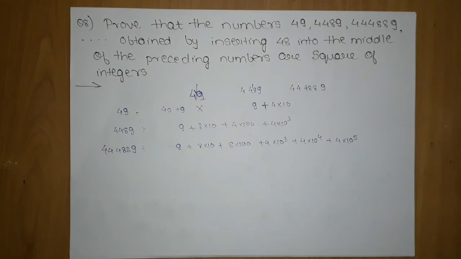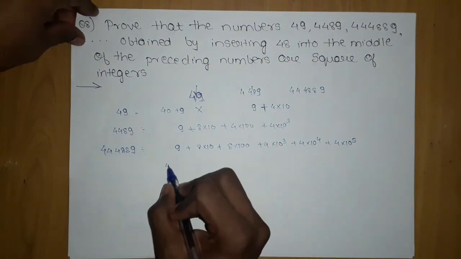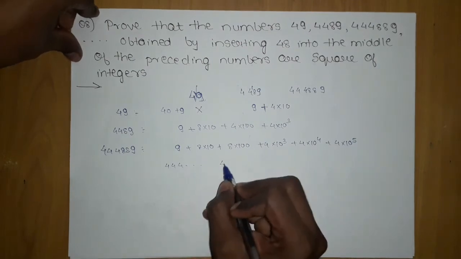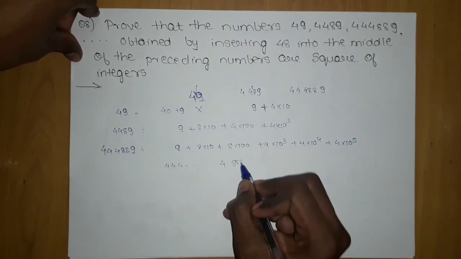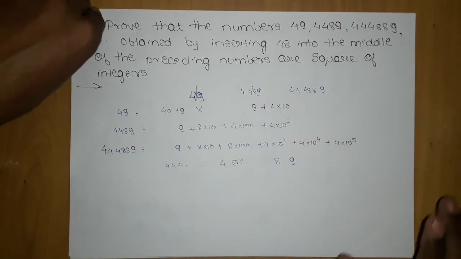Now the main important thing comes here. I want to analyze the last term. Let's say it has some 4s, 444 and so on, some number of 4 terms, then similarly 888 with some number of 8 terms, and at the end you can observe the last term is 9.